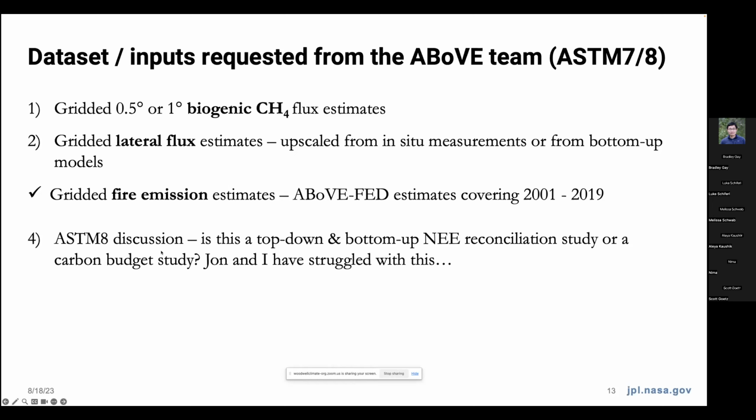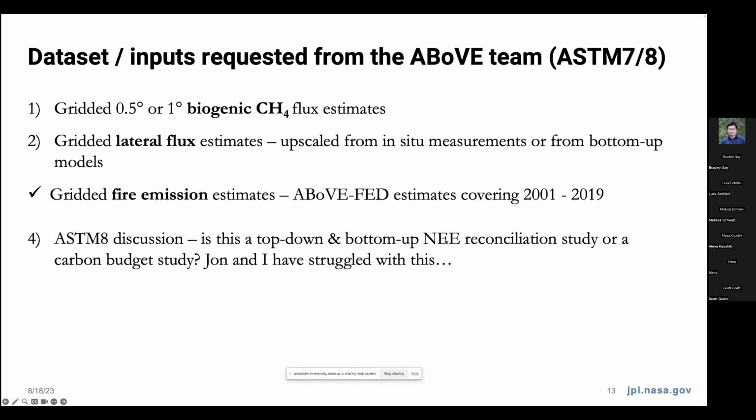One of the questions, I think Dan Hayes was the one who asked us this at ASTM 8, was whether this is a top-down and bottom-up NEE reconciliation study or a carbon budget study. I think we have enough material and ammunition to put together the top-down and bottom-up NEE reconciliation study.